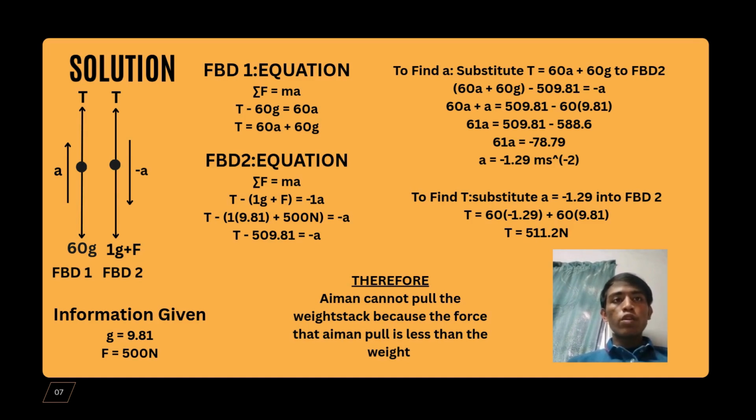The final results show that the tension in the cable is 511.2 Newton, while the acceleration is negative 1.29 meters per second squared. The negative sign indicates that the actual direction of acceleration is opposite to the initially assumed direction in the free body diagrams. Therefore, Aiman cannot pull the weight stack because the force that Aiman pulled is less than the weight.